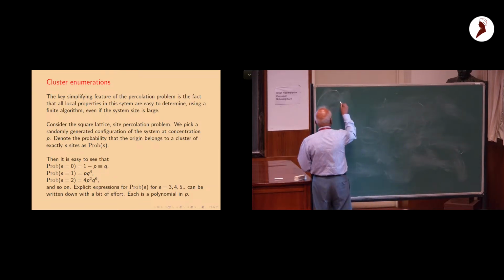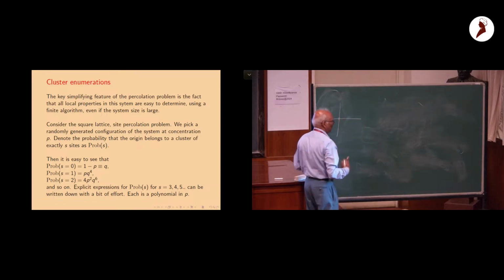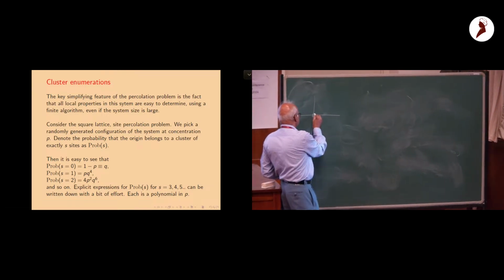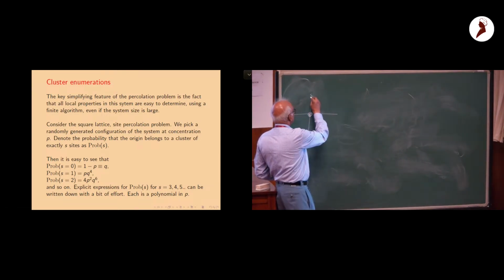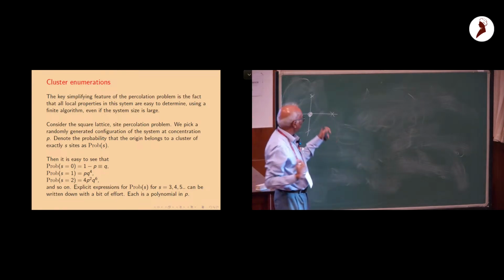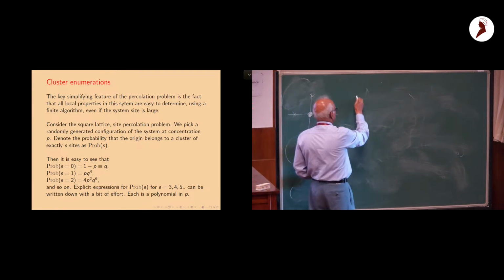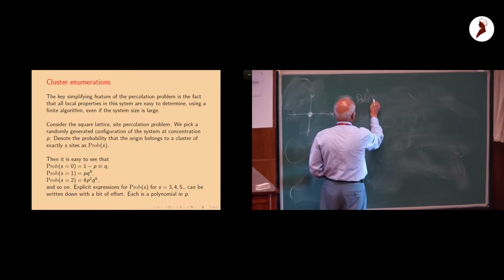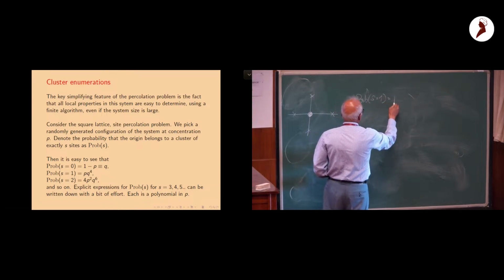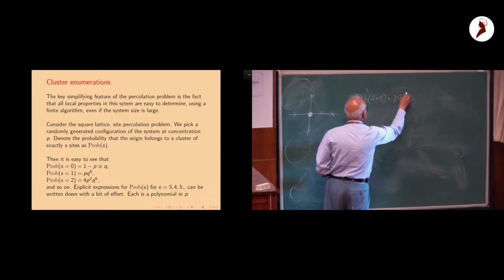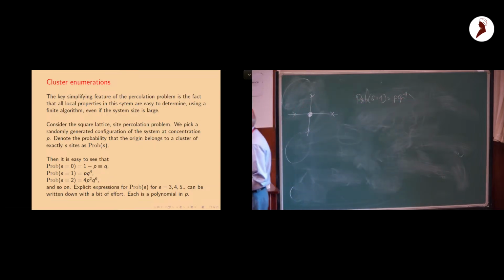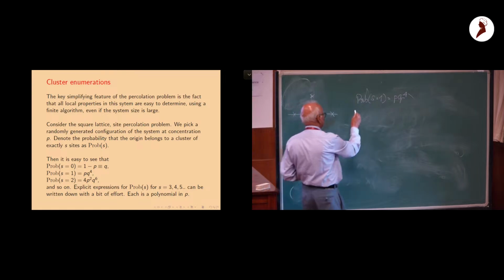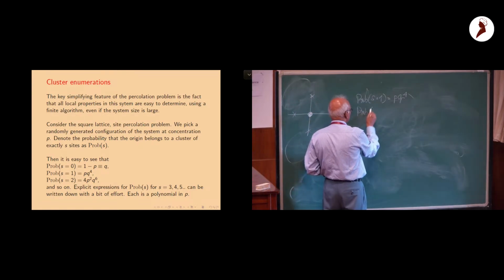So I am taking a square lattice. I pick this site. This site should have a cluster of size 1. Means this point should be present and all these 4 should be absent. So the probability is P times Q to the power 4. So probability that S equal to 1 is equal to P Q to the power 4. Okay, the next one is a little bit harder. I would ask what is the probability of a cluster of size 2.